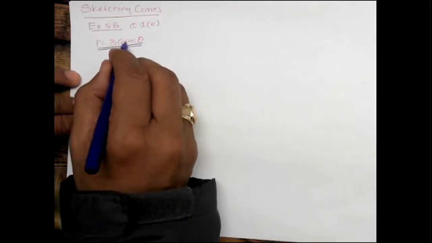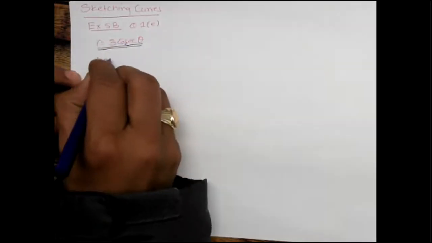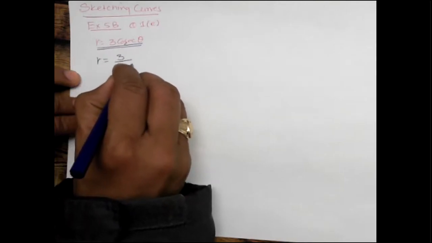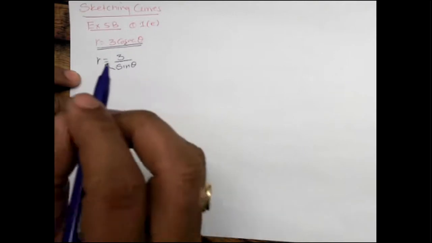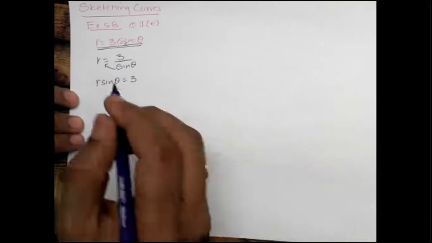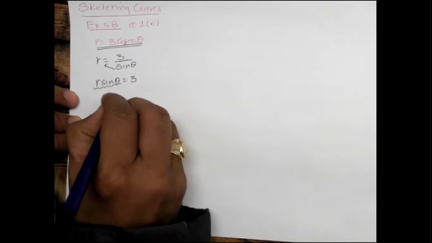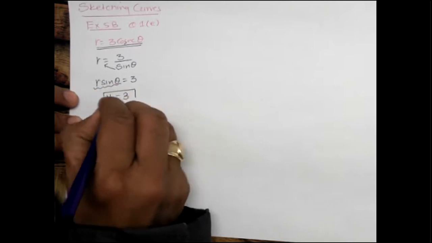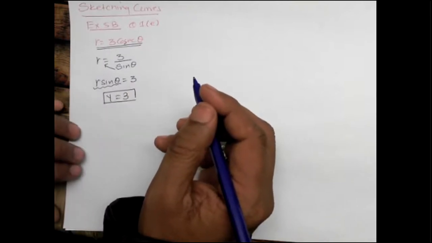Cosec theta is 1 over sine, so r equals 3 times 1 over sine, which is 3 over sine theta. Then I take sine theta to the other side, which gives r sine theta equals 3. And r sine theta is equivalent to y, so y equals 3. So I do not need to do anything.